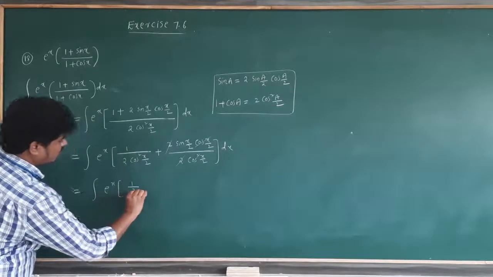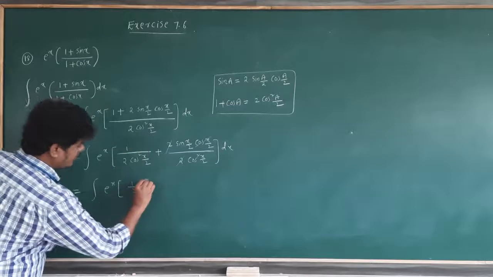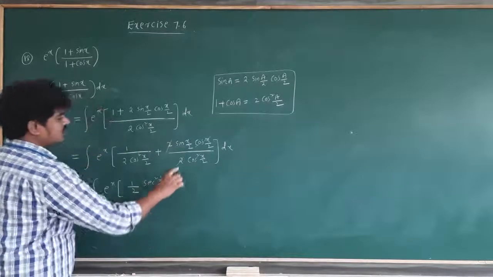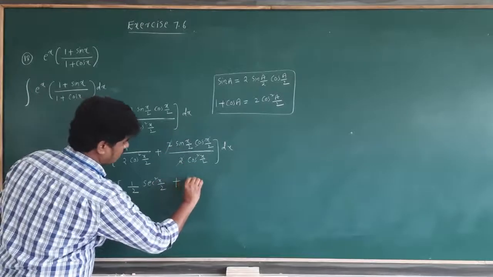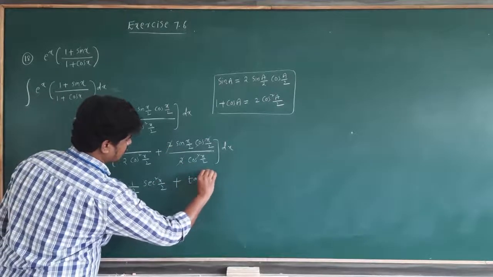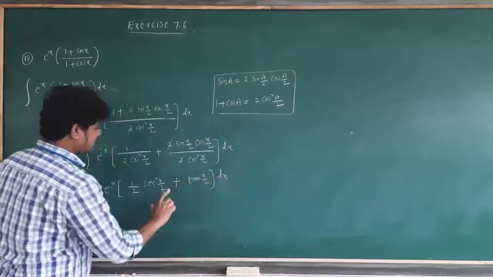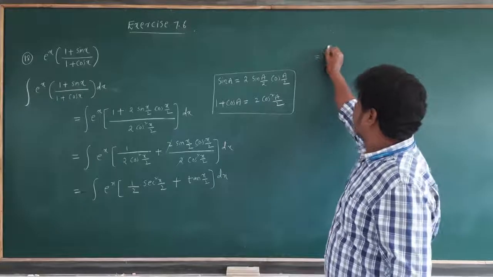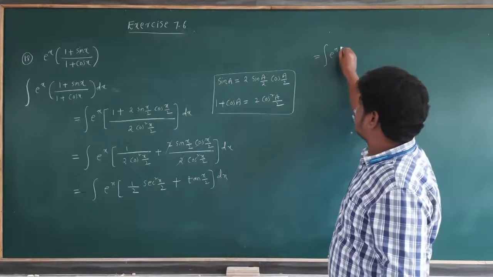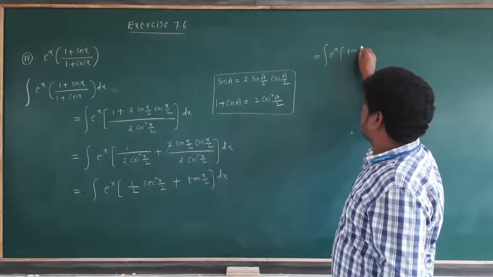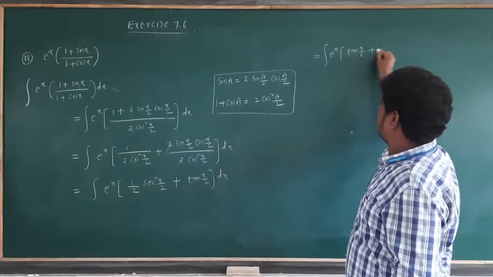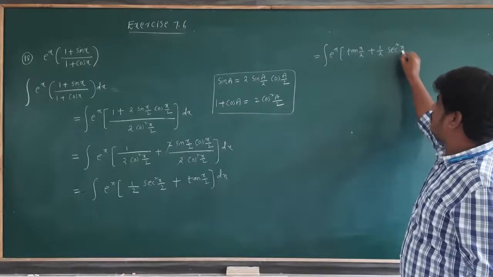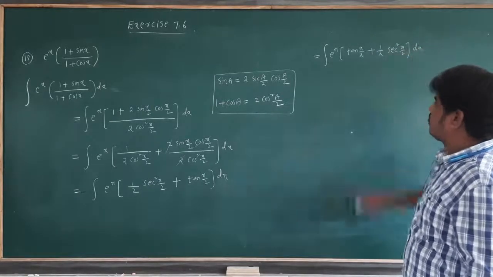Now this is e to the power of x into, just see how we get this one, 1 by 2 into 1 by cos square (x/2), which is 1/2 secant square (x/2), plus sin(x/2) by cos(x/2), that is tan(x/2), dx. Just interchange these two. What we get: integral of e to the power of x into tan(x/2) plus 1/2 secant square (x/2) dx.